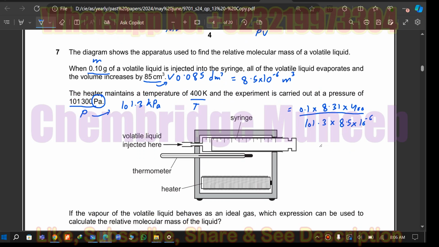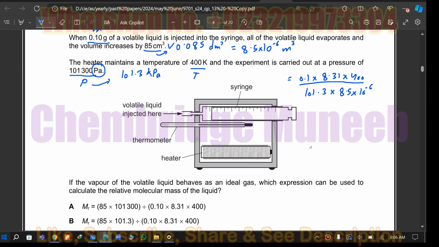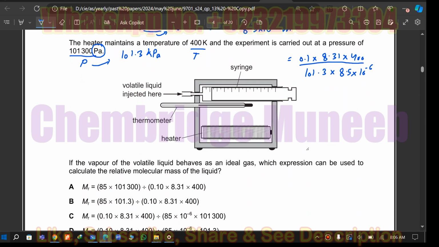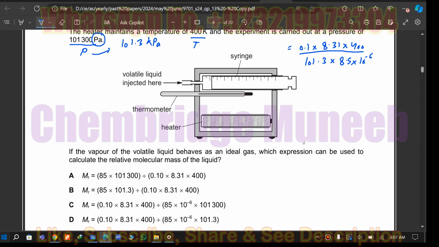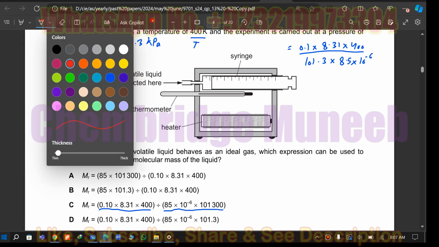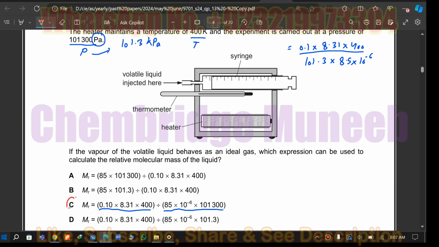So this is the expression I get after proper conversion of the units. So looking at the options here, I see that this is the same expression in the numerator, and in the denominator this is the same expression. So that's why the correct option becomes C.